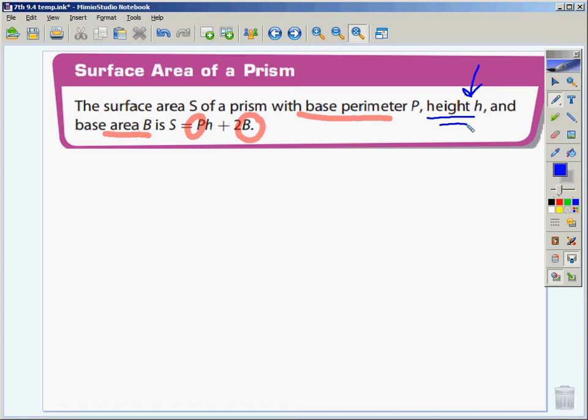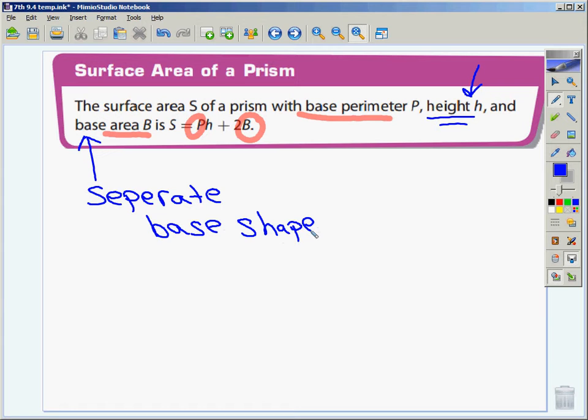The first thing you're going to want to identify in the picture or in the words is the height. It will be given to you. I promise you they're going to give it to you. The next thing you want to do is separate out whatever that base shape might be. It might be a rectangle, it might be a square, it might be an L-shape, it might be a trapezoid, whatever it is, separate it out.